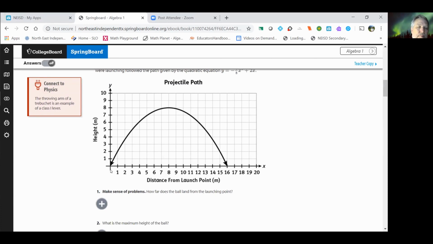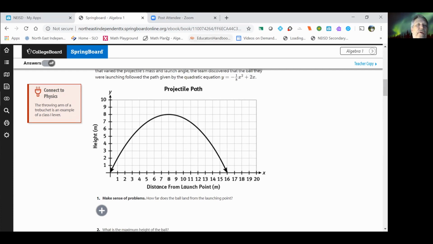It's on the ground, and we're about ready to shoot it out. It's going to fly through the air, and when it gets back down to the ground, that distance is the distance traveled. That's going to be this distance right here, which is 16 meters.